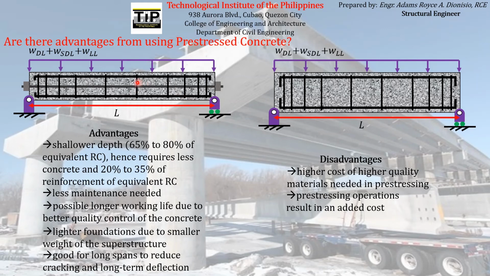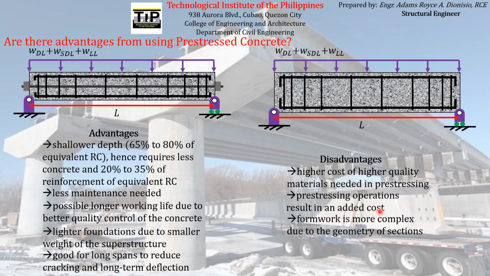That particular activity requires prestressing operations, which will again result in added costs. So that is the disadvantage of using prestressed concrete in terms of cost. It will always be in terms of cost. Prestressed concrete will always have higher construction costs than reinforced concrete.